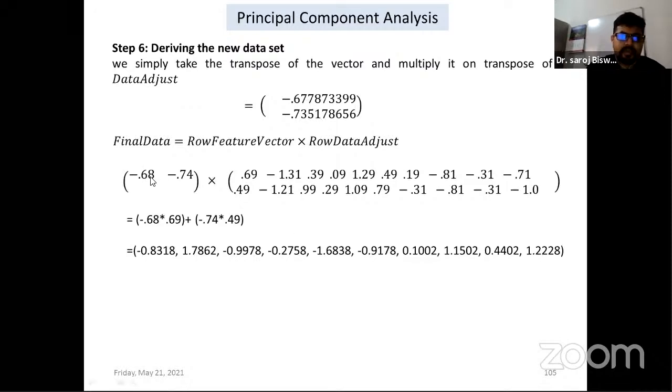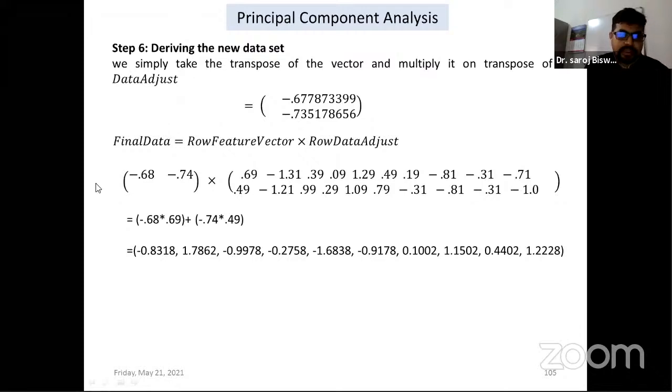We have taken only two decimal points here so that it becomes easier to show the multiplication. 0.68 is this one, from 0.677. And from 0.735 I have taken 0.74. This is the data adjust, and this is just the transpose. And now what can we do?